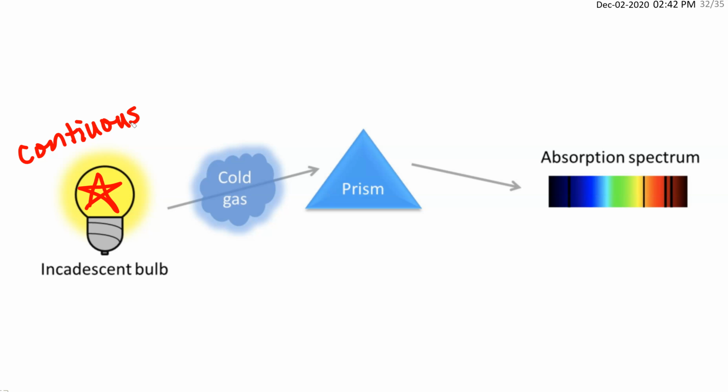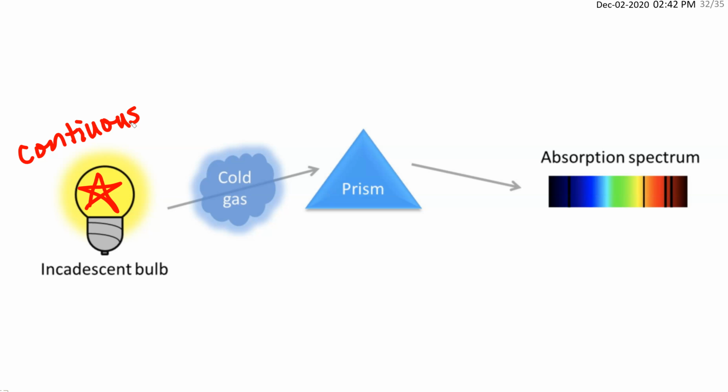That cold gas could be anything in space. It could even be interstellar gas from a nearby nebula. It could even be the atmosphere of the star itself, the gases in the atmosphere. It could be the atmosphere on the planet that we're getting the absorptions, that we're getting the reading on.